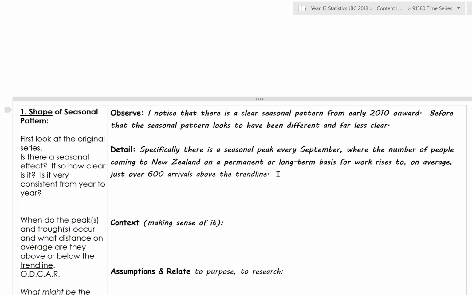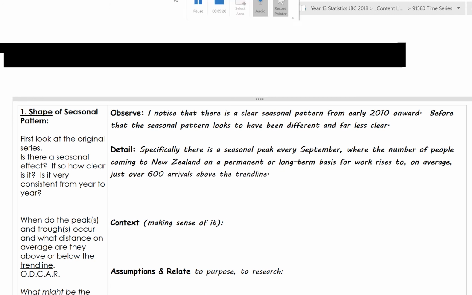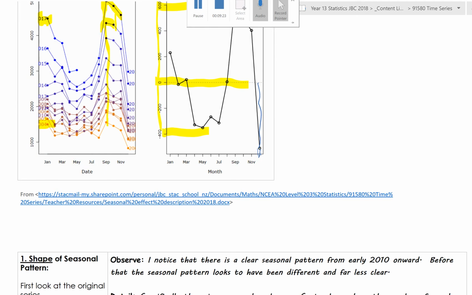Okay, what happens in the trough? Well, there's a trough in December, isn't it? So let's have a look at how far that gets below the trend line. So it says negative 500, right? Well, it's about negative 500. So what does negative 500 mean?